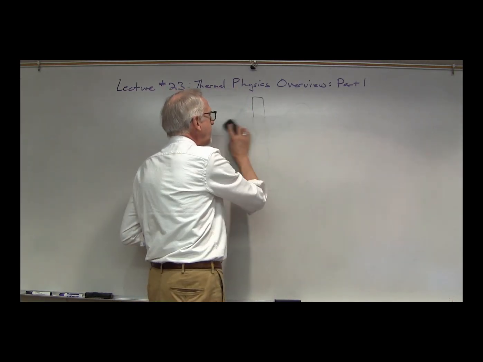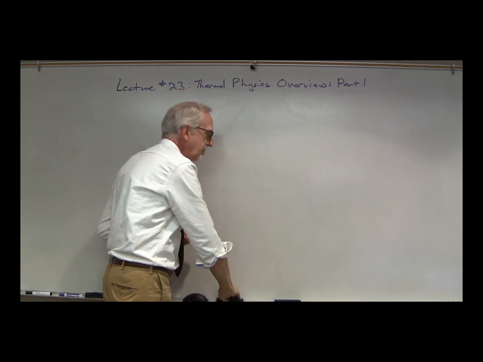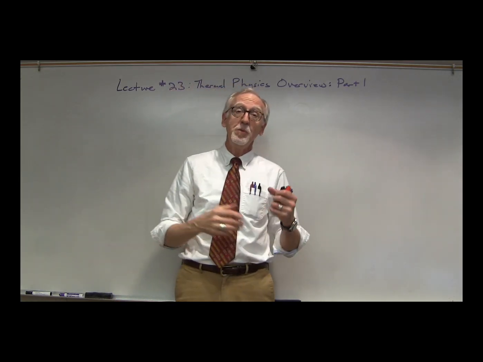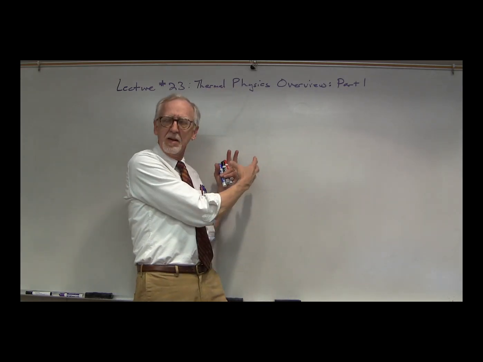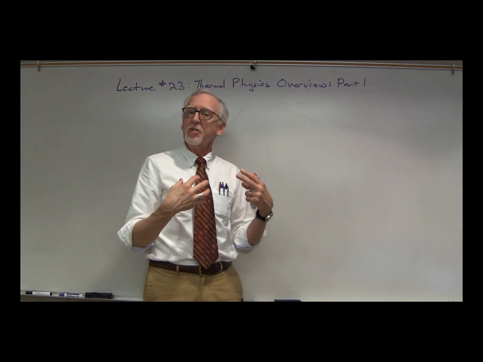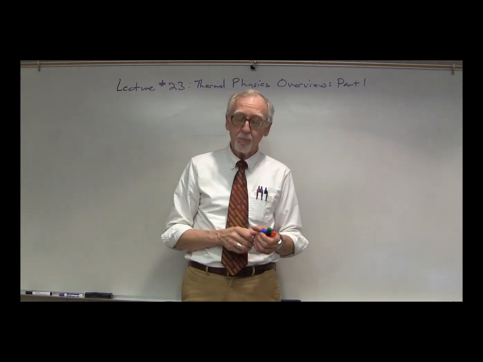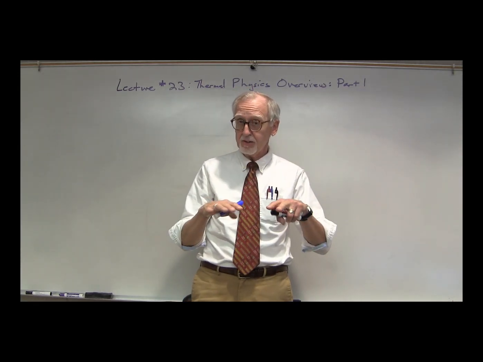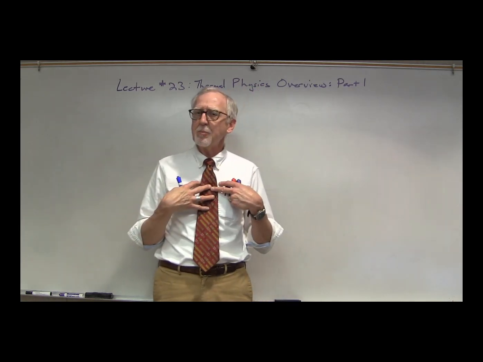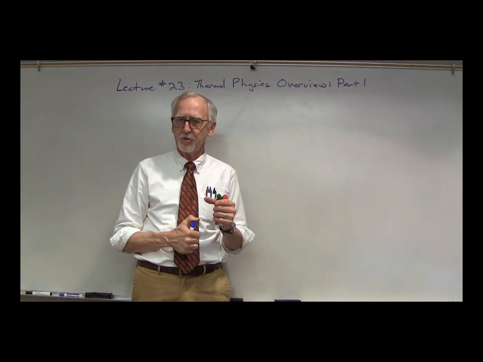This was done by Fahrenheit, who made a thermometer and used the coldest day in winter to define his lowest temperature, which he defined as 0 degrees on his temperature scale, and his body temperature as being 100 degrees on the temperature scale.